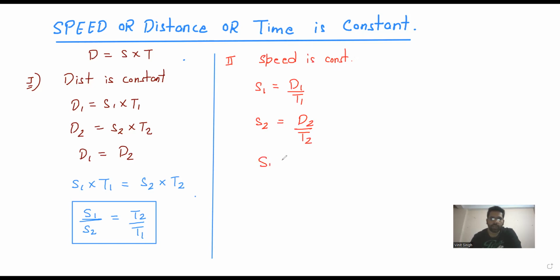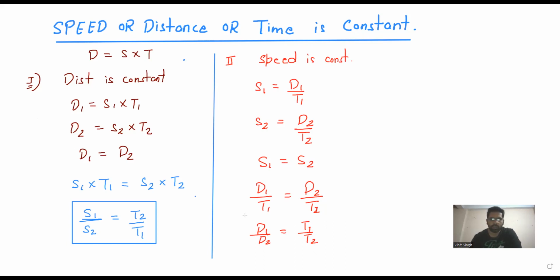Speed is constant, so s1 is equal to s2. Now we write d1 upon t1 is equal to d2 upon t2. We can write this as d1 upon d2 is equal to t1 upon t2.